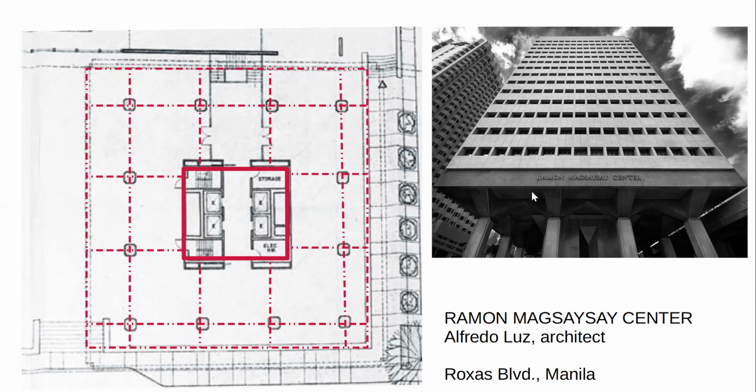Now, how do I know that there are no columns here? I know it for a fact because my dad used to work in this building. In fact, his office would be here, around here. And I know that there is a column here along the wall, and then there is a party wall here shared with another partner.